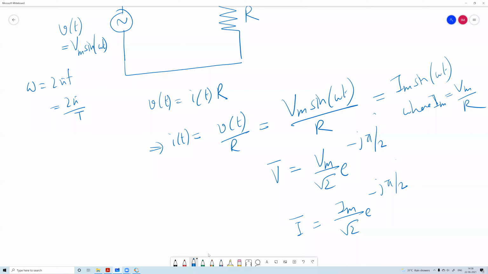However, their magnitudes are different. If the red line is my V phasor, then the green line would be my I phasor. Which line would be longer? That will be determined by the value of R. If R is greater than 1, then the V phasor will be longer. If R is less than 1, then the I phasor will be longer. Is it okay?